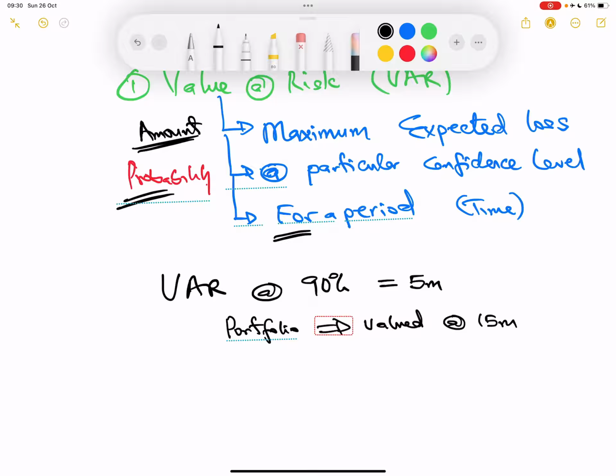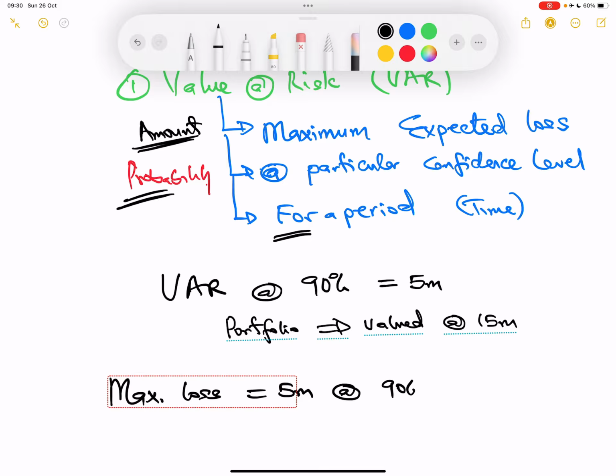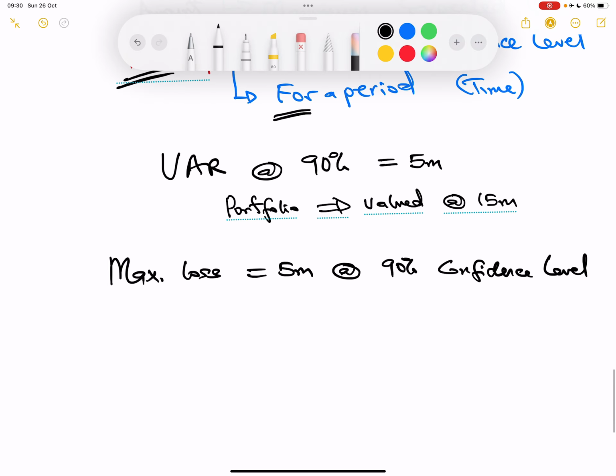Because you need to know how to interpret VAR. It's very, very important. What I am saying here is that the maximum loss is 5 million at 90% confidence level. That's one way to see it.